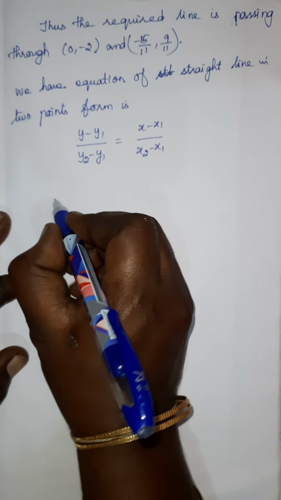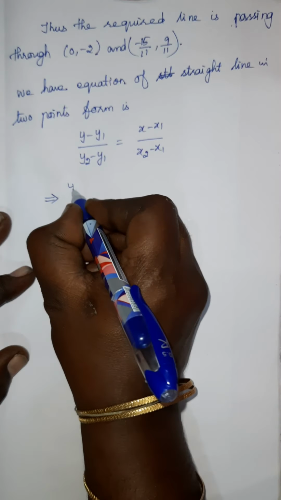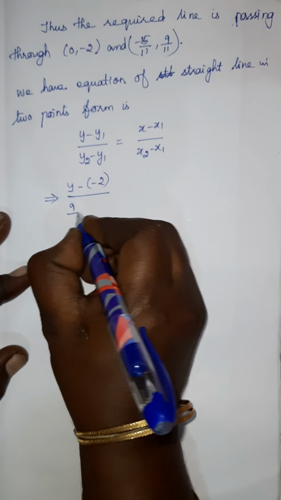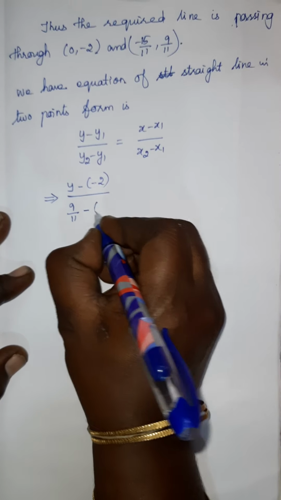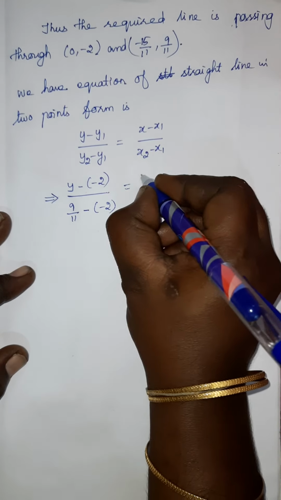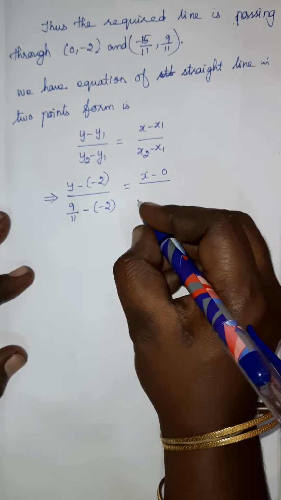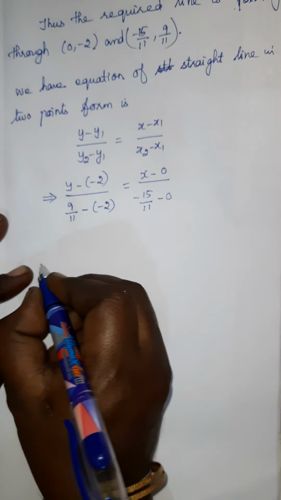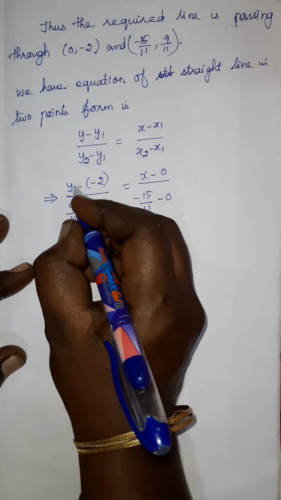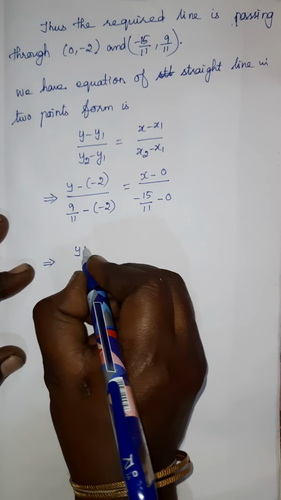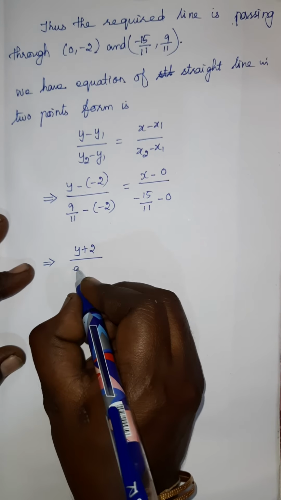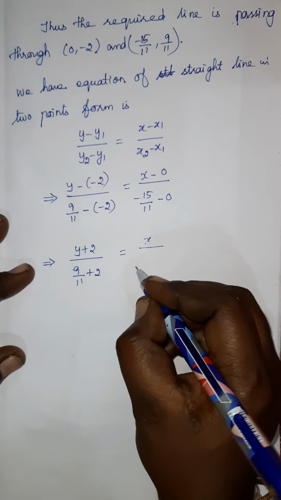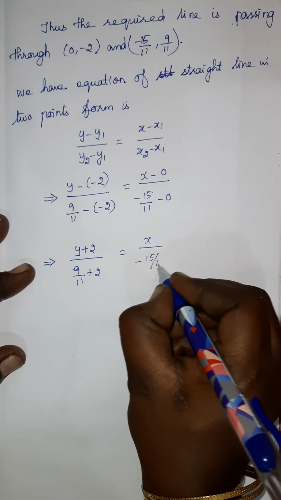So we can apply these values, which implies y minus of minus 2 divided by 9 by 11 minus of minus 2 equal to x minus 0 divided by minus 15 by 11 minus 0. Now y minus of minus 2 is y plus 2 divided by 9 by 11 plus 2 equal to x divided by minus 15 by 11.